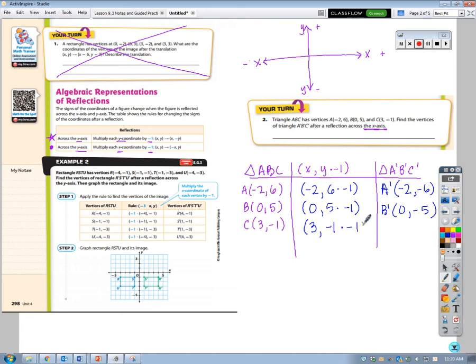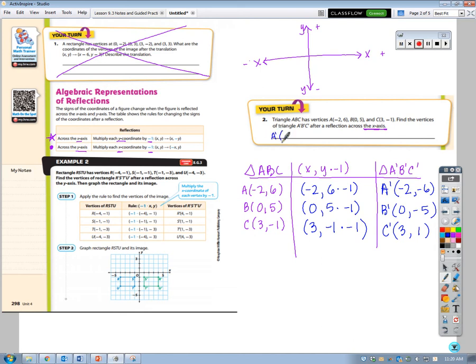Y of negative 1 times negative 1, that's our rule. So my coordinate for C prime would be 3 and negative 1 times negative 1, which is positive 1. So these are the new coordinates of the vertices for triangle A prime, B prime, C prime. I'm just going to fill these in up here.